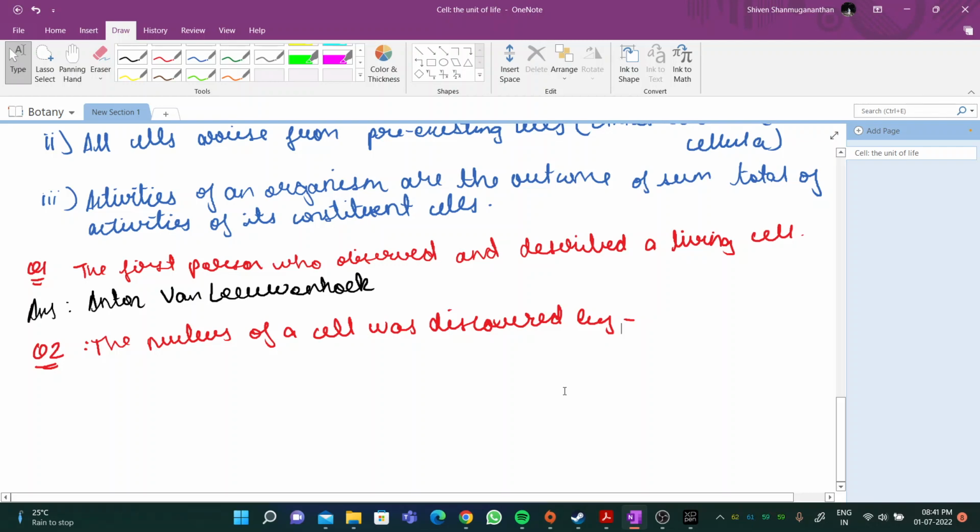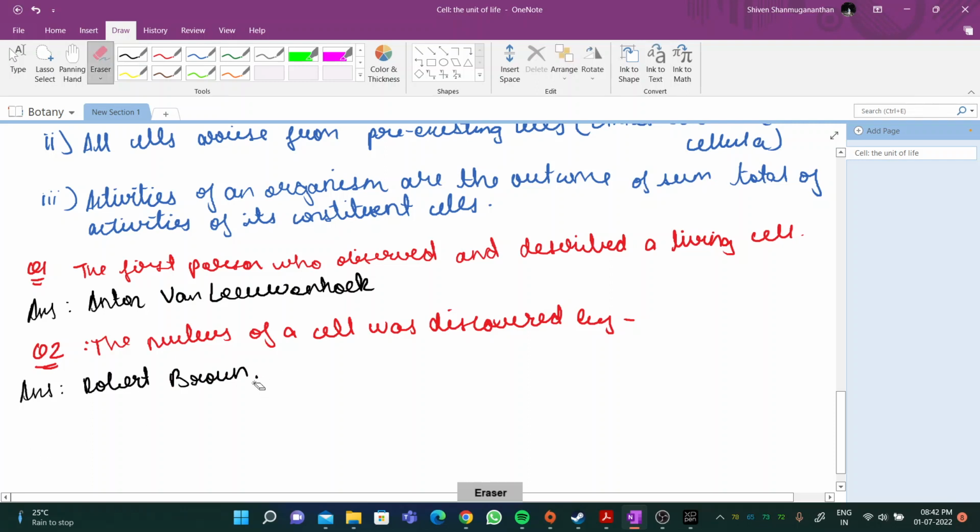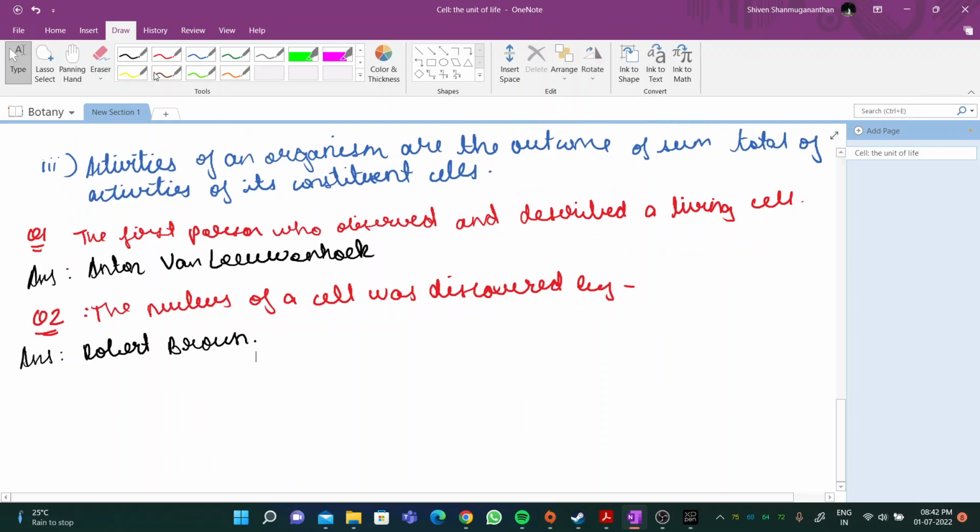Then we have Anton van Leeuwenhoek, who first observed and described a living cell. And then we have our main man, Robert Brown. Now, this was the man who discovered the nucleus of a cell. So, I just said the answer. It's Robert Brown. There are too many Roberts in biology, by the way. Robert Brown. Okay, fine.